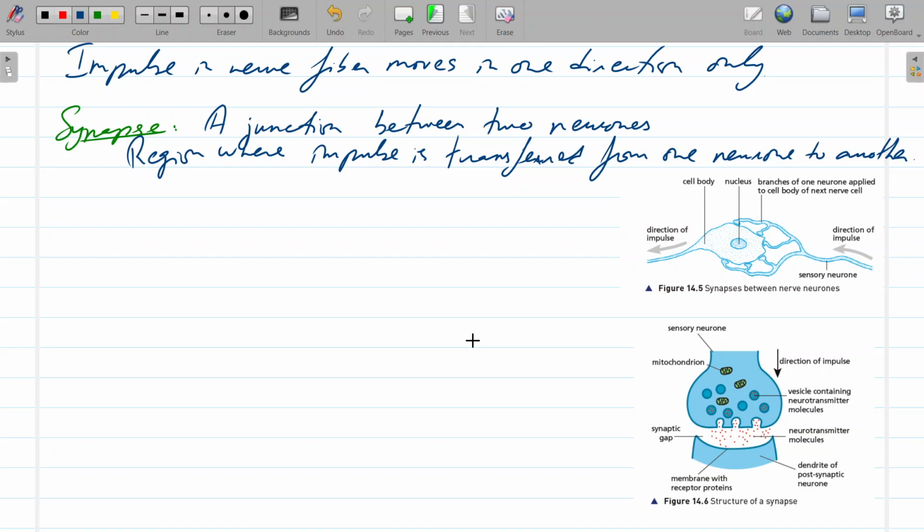Right, so when an impulse arrives at a synapse, there are substances called neurotransmitters that are released.